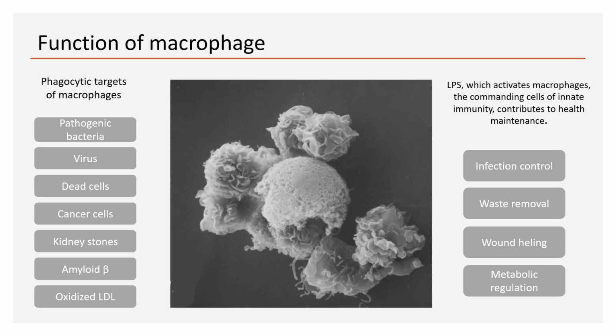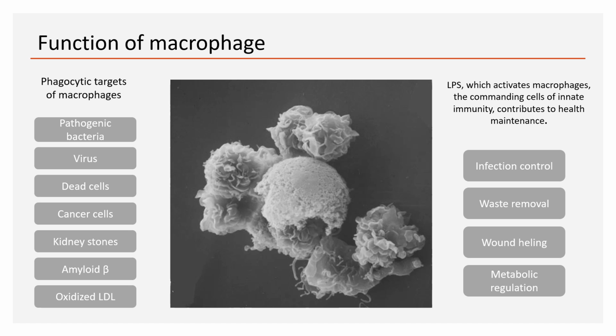Macrophages have a special function of ingesting and processing foreign substances in the body, through a process known as phagocytosis. Foreign substances in the body include pathogenic bacteria and viruses that enter from outside, as well as dead cells and cancer cells. Macrophages process these substances through ingestion.